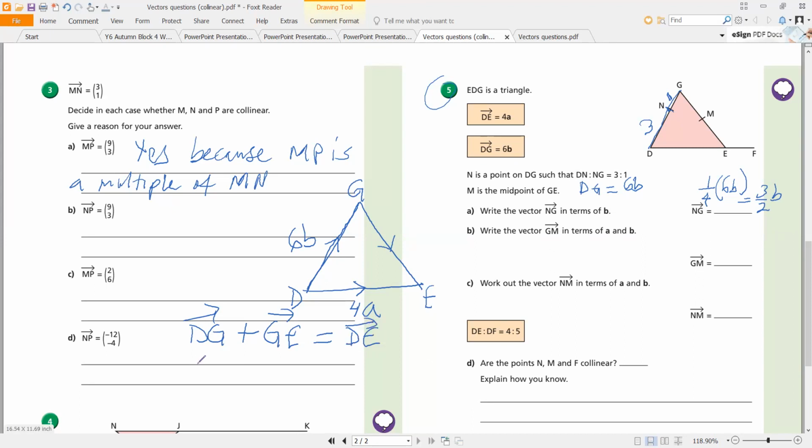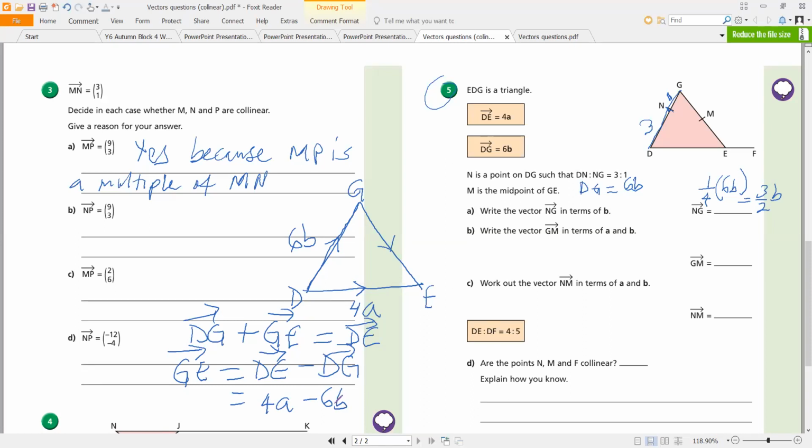Therefore, the vector GE is equal to the vector DE minus the vector DG. You can say this is 4A minus 6B. So that's the entire side.